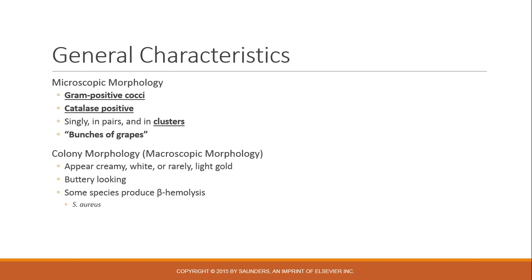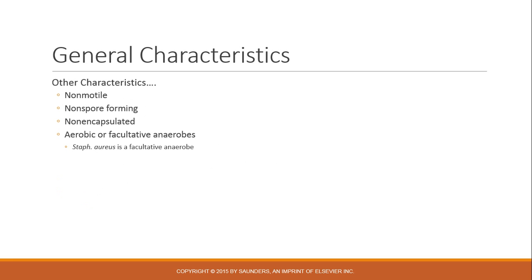The colony morphology, or the macroscopic morphology, they're usually white, creamy, maybe a light gold. They might be described as buttery looking or butyrous. Some species do produce beta hemolysis, so your Staphylococcus aureus is notorious for being beta hemolytic, but not always, though most of the time.